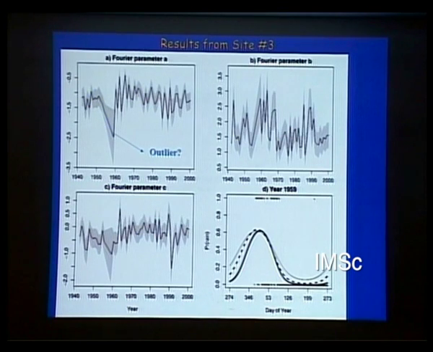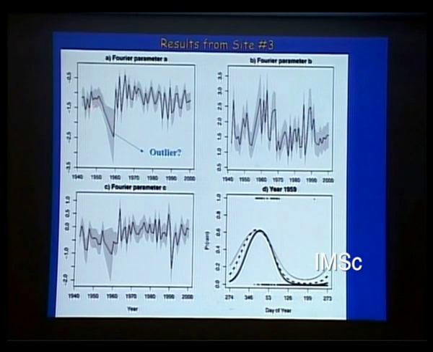So this is at one particular location, and you look at the coefficients. These are the Fourier coefficients A, B, and C, and then this is the probability of rain for a given year, or averaged over all the years. You can see that the probability goes high during the rainy season, and at other times it's less. So in other words, you're able to capture the feature.